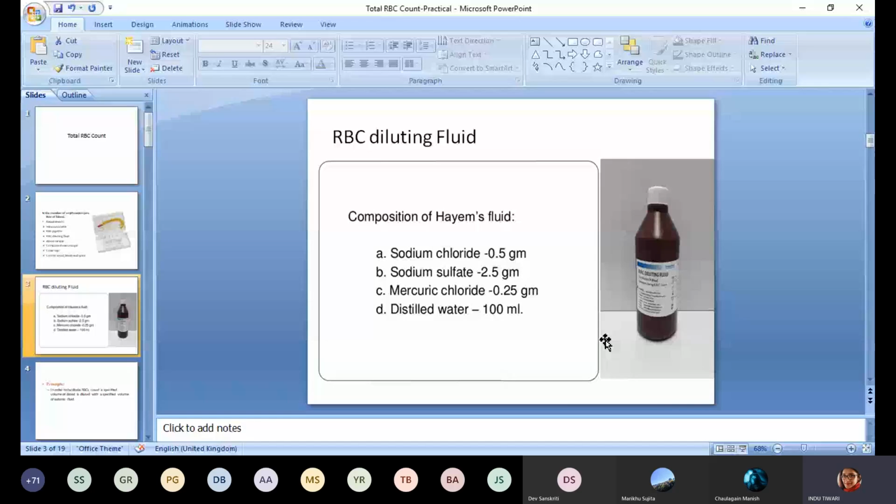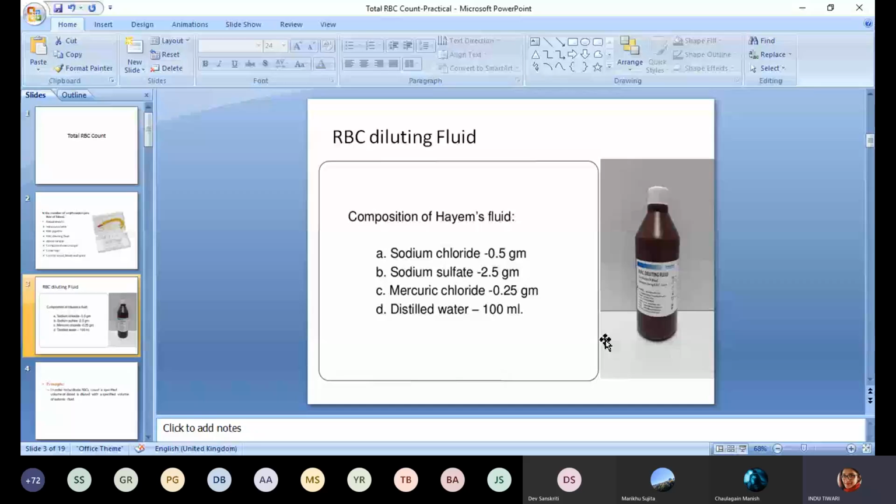And the sodium sulfate, besides providing isotonicity to the solution, also acts as an anticoagulant, meaning that it prevents the blood from clotting. Sometimes it also acts as a fixative, meaning that it preserves the structure of the cells so that the counting can be done easily. So that is about the RBC diluting fluid.